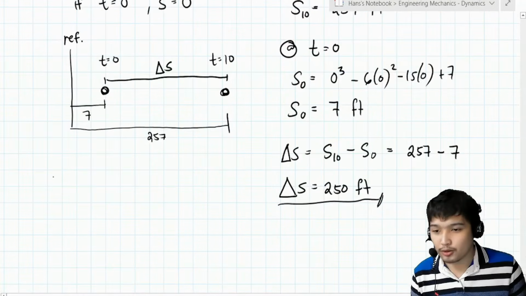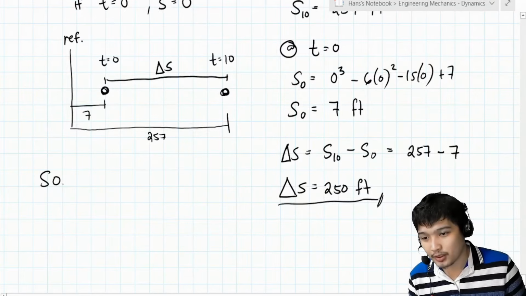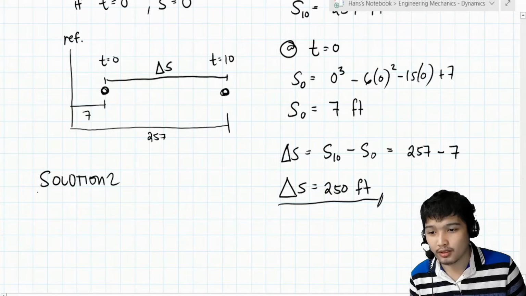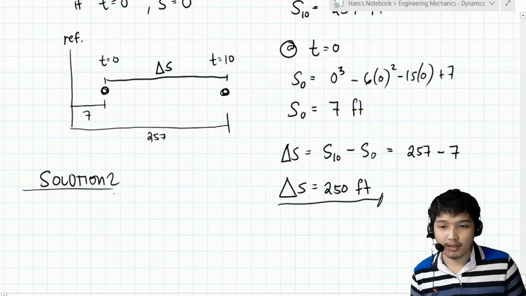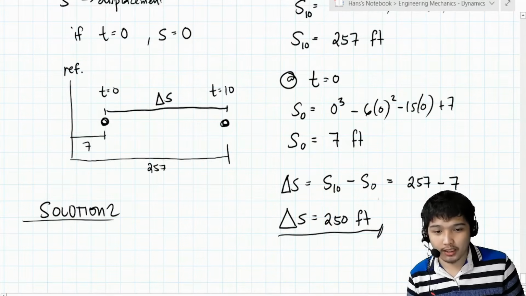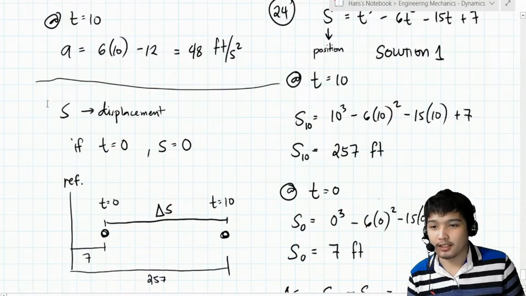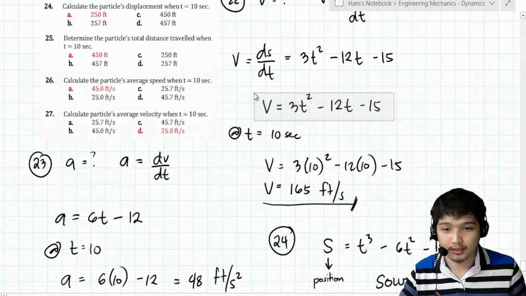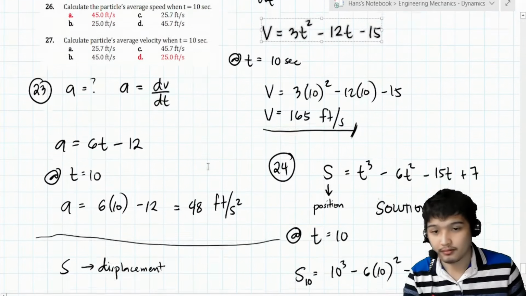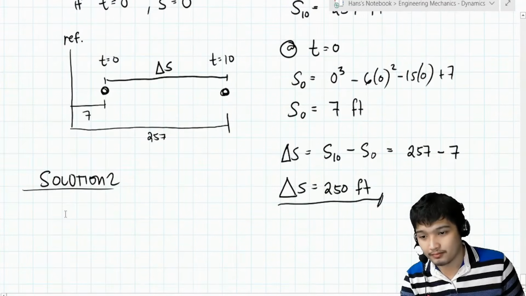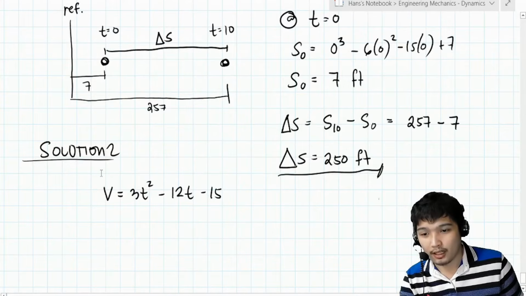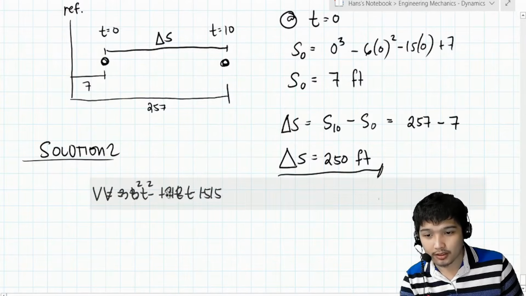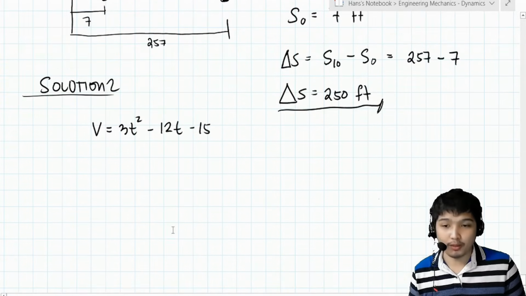So another solution na pwede natin gamitin, which is mas direct to the point. Solution 2. So ito mas direct to the point, kahit hindi mo na iniisip-isip pa yan, is ito. Dito tayo magagamit sa velocity equation. So kunin natin to, guys. Nakuha naman na natin to, yung velocity equation. So mag-solve tayo backwards.